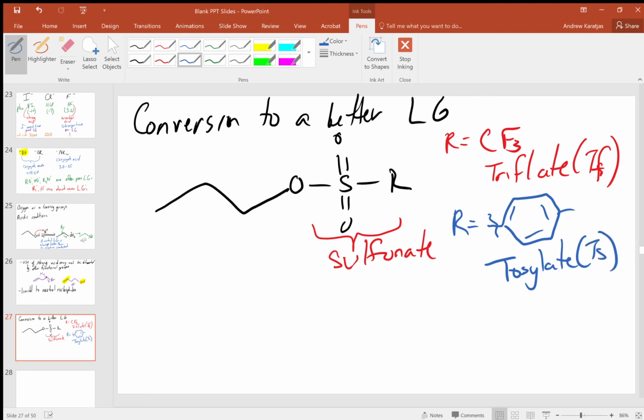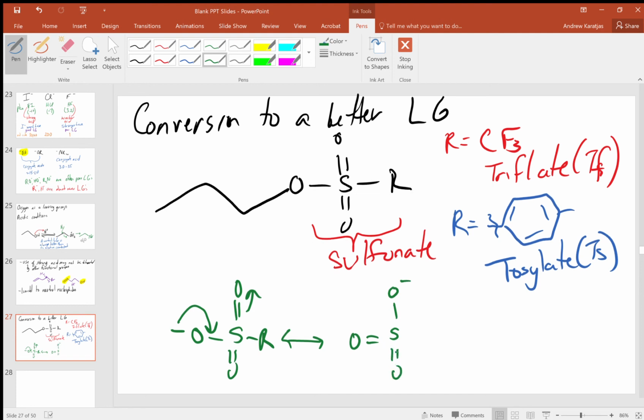Why is it that these are better leaving groups? Well, what do we have after these groups leave with the oxygen? We get an anion that looks like that. And that anion, as you hopefully recognize, is a fairly stable anion because the negative charge that's generated by it leaving can be delocalized to the other two oxygens by resonance.